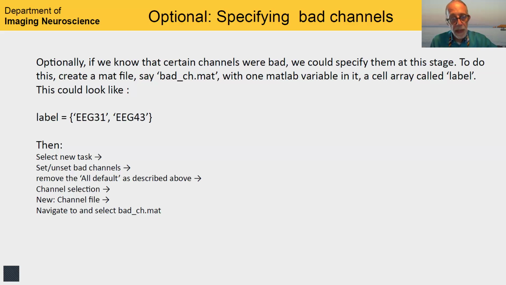So it's important that we do that. Then we're going to click on channel selection, then new channel file, and then we're going to load there the bad channels that we have prepared a file for. And what that's going to do in future is not actually use that channel, but instead interpolate the others to fill this in.